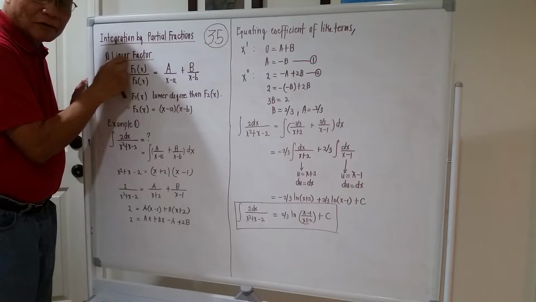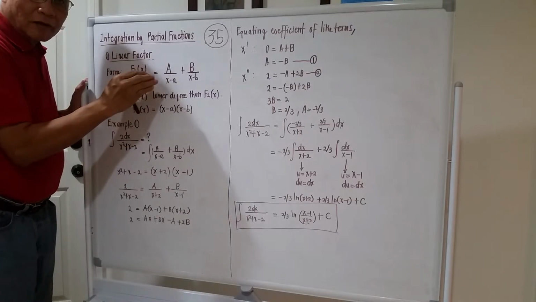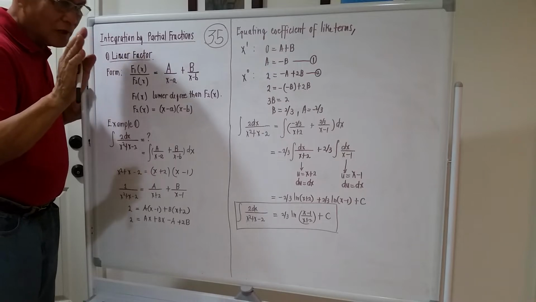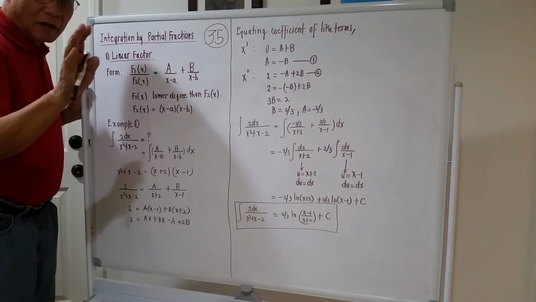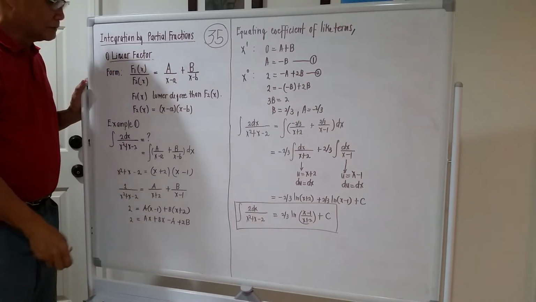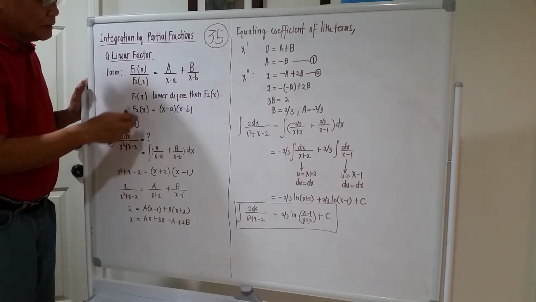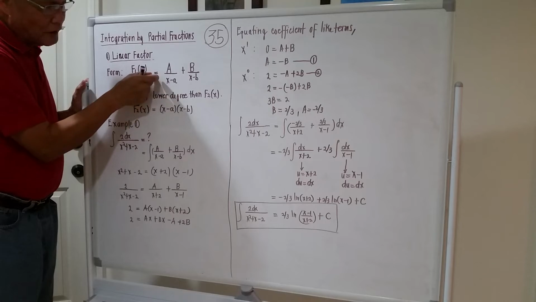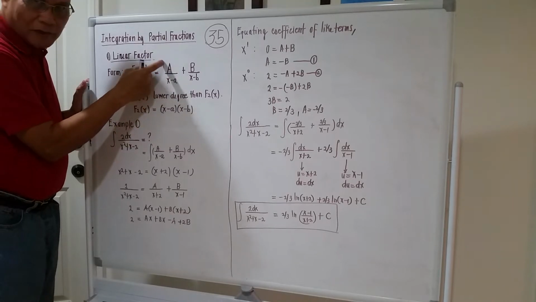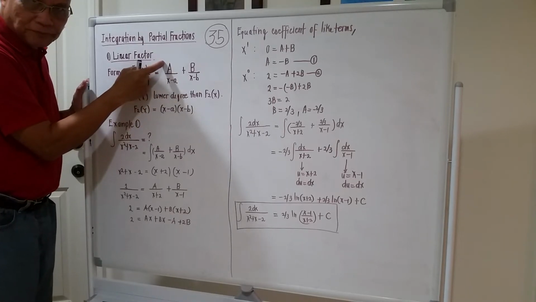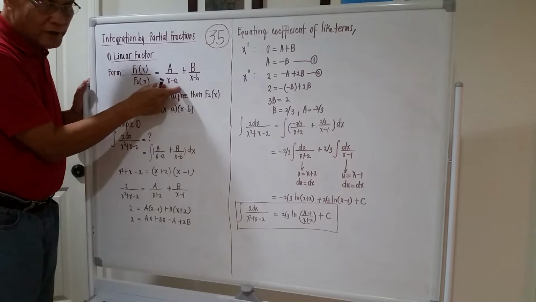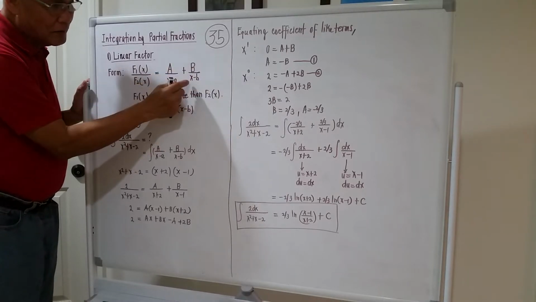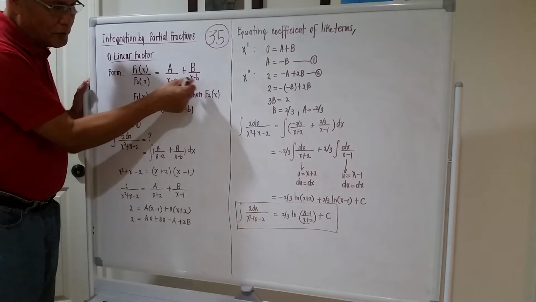Linear factors only. If the given form involves only linear factors, let us bring out the form. f1 of x over f2 of x equals capital A over x minus a plus capital B over x minus small b.